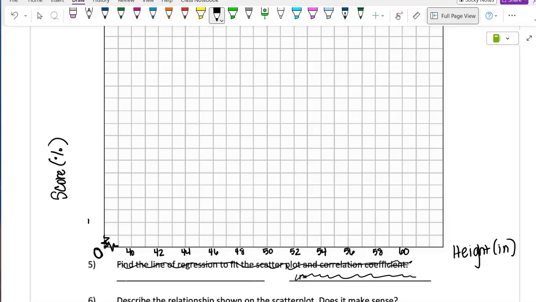So we're going to start 45, 50, 55, 60, 65, 70, 75, 80, 85, 90, 95, 100. So even with skipping, I can't even count by 2s because there's a broader range of test scores than there was a range of height.